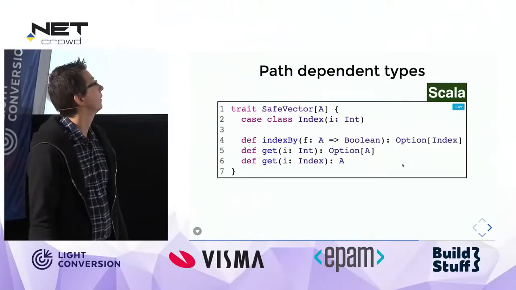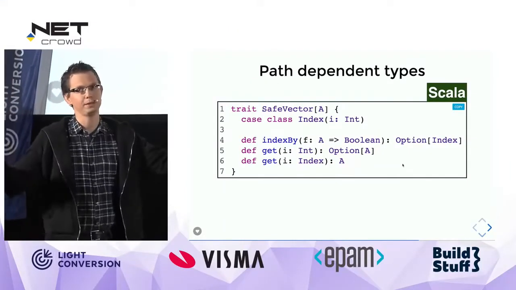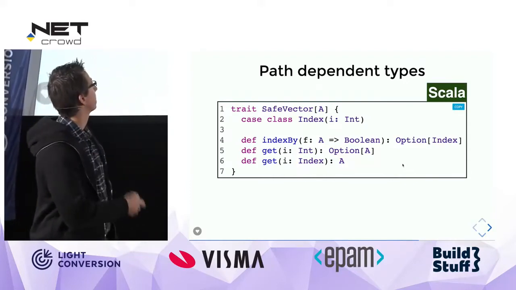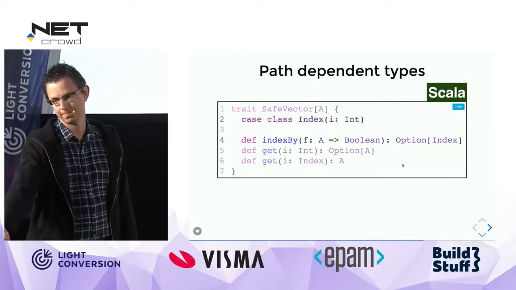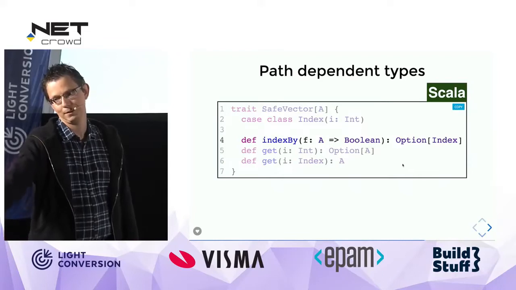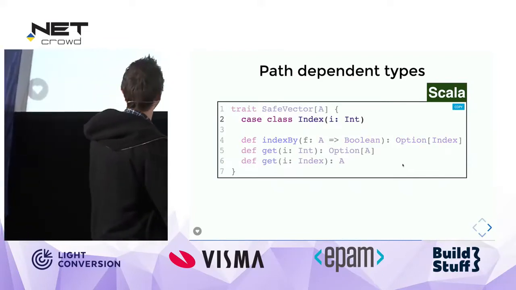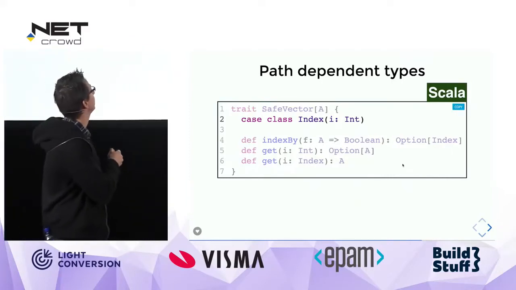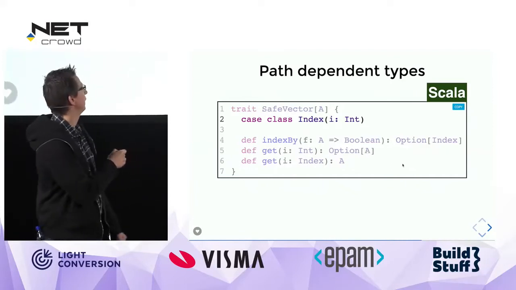So let's presume that we have this thing called a safe vector, and it's basically an immutable collection of elements of type A. What we can do here is we can define, so this is Scala, we can define a type called index inside of the vector.